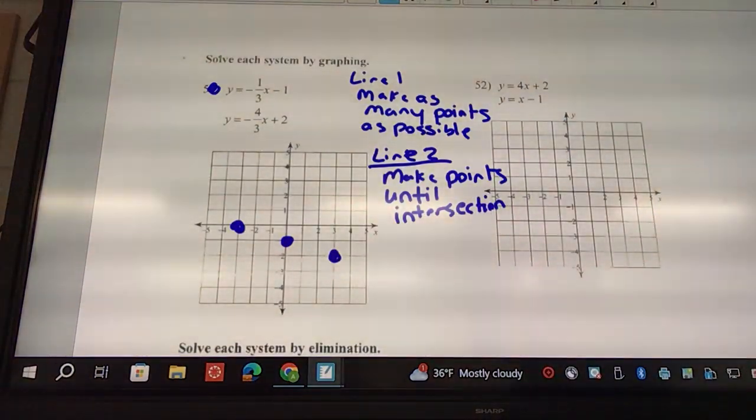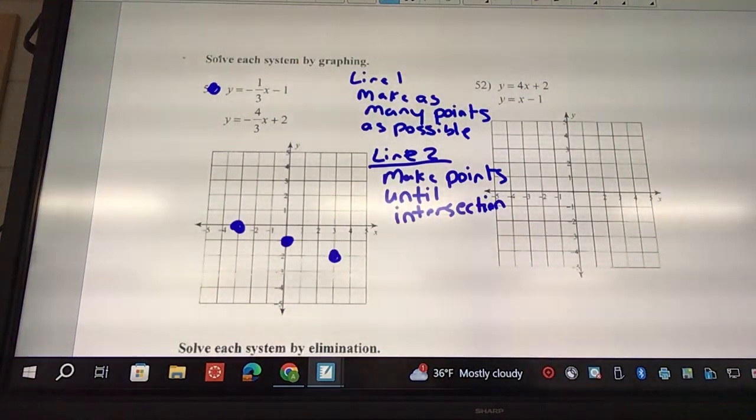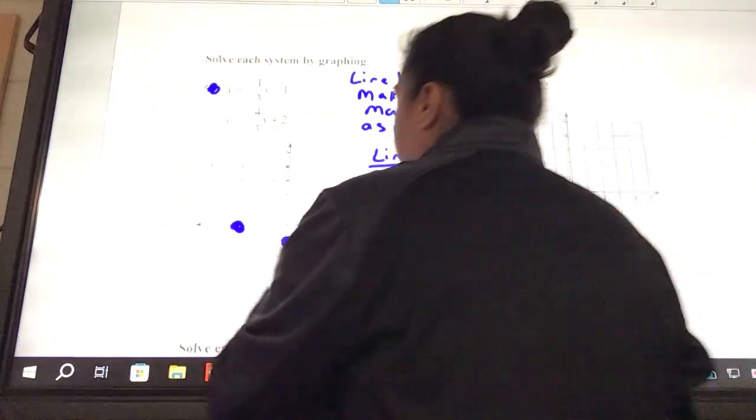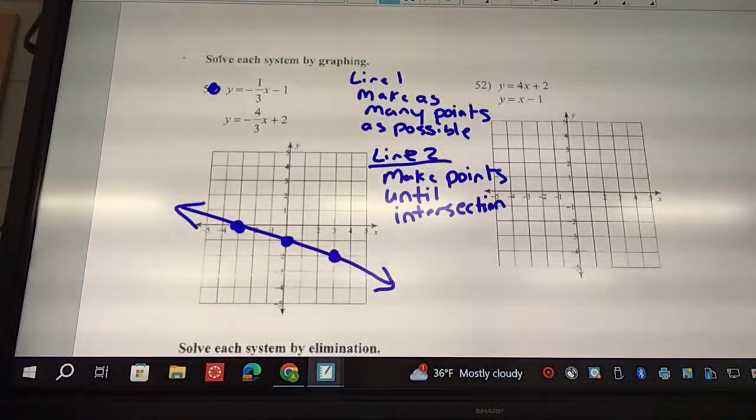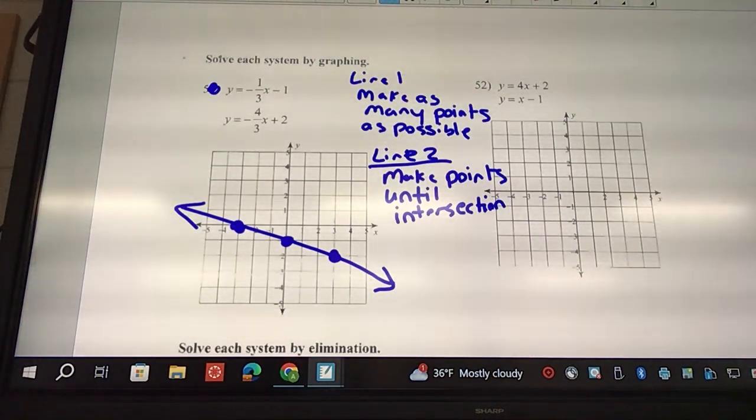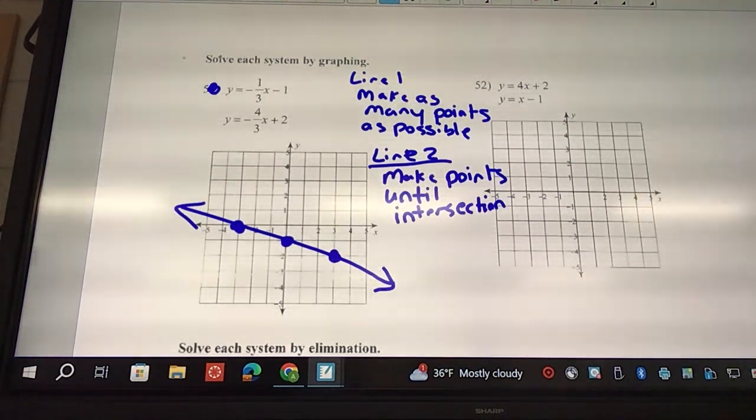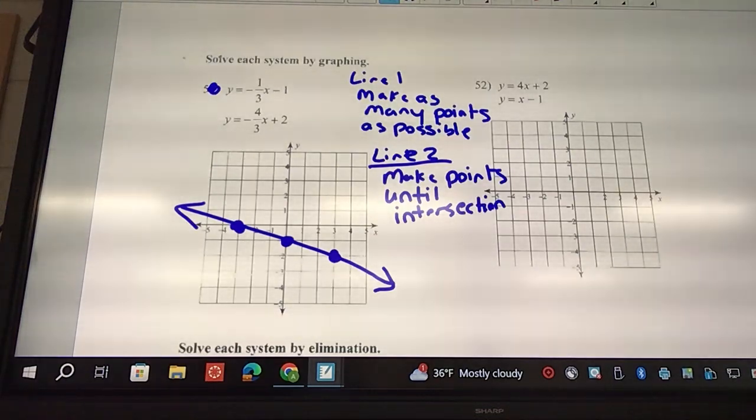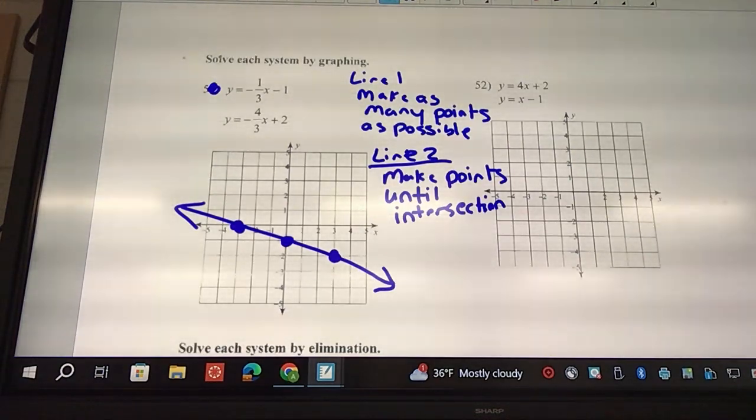Maybe that's only 1, maybe that's 2, maybe that's 10. I don't know. At the very least, it's got to be at least 2. So line 1, we're making as many points as we possibly can. Line 2, we're only making the points until our 2 lines touch. Add a dot. So that's that intersection.